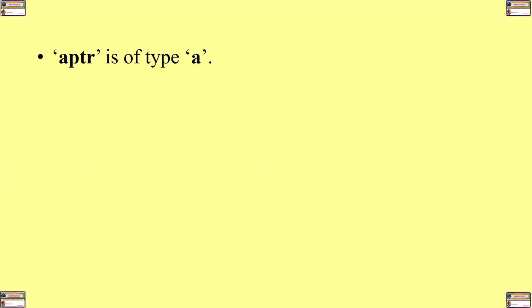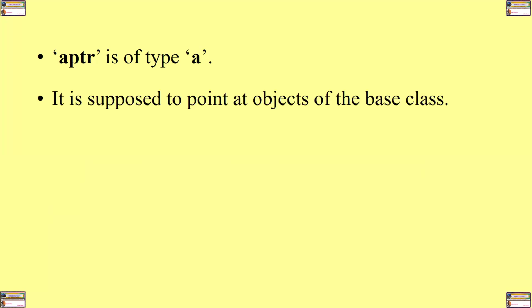First of all, just as I have said, APTR is of type A. Remember, A is class A. And therefore, APTR is an instance pointer to the class called A, which is the base class. It is supposed to point at objects of the base class. Therefore, it cannot access Y. Why can't it access Y? It can't access Y because Y is for the derived class.